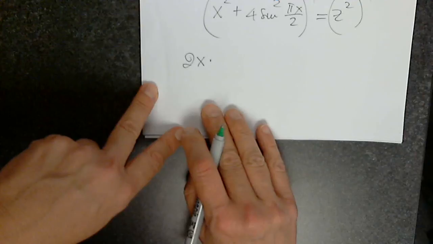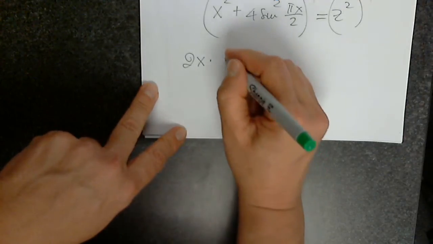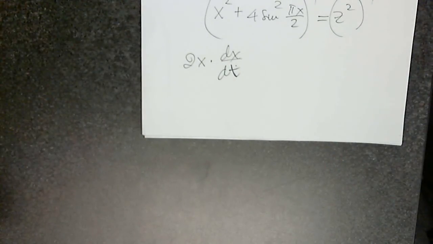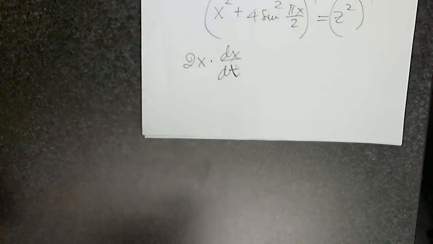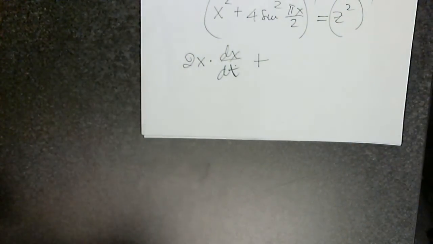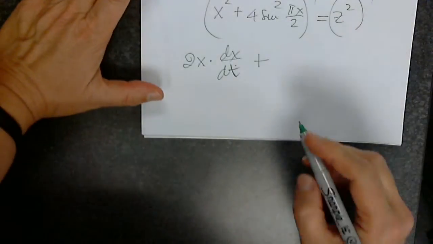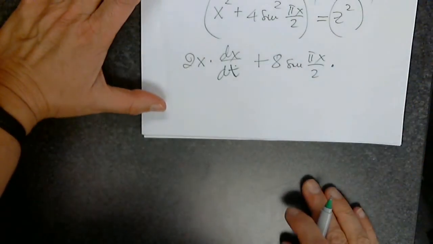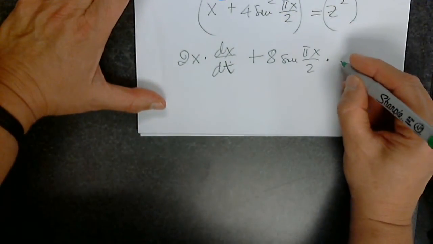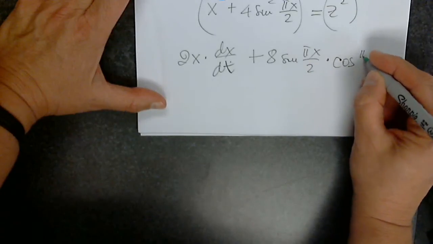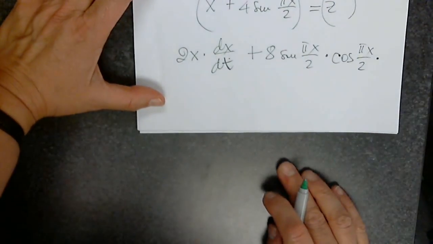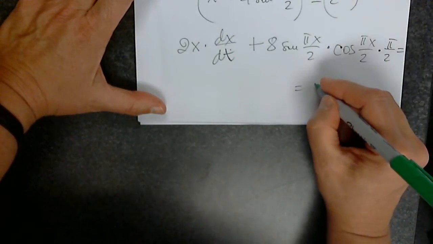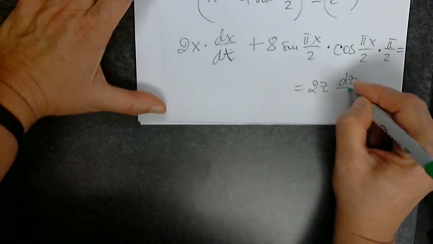2x times dx over dt. dx over dt is a function. So x squared prime is not 2x. It's 2x times x prime, plus 4 times 2 sine pi x over 2 times the derivative of sine, which is cosine pi x over 2, times the inner function prime, pi over 2, equals 2z dz over dt.